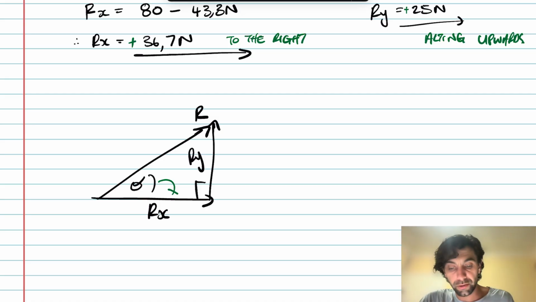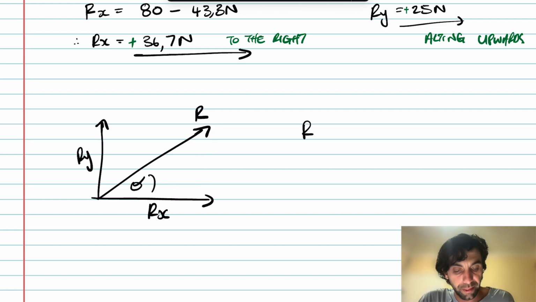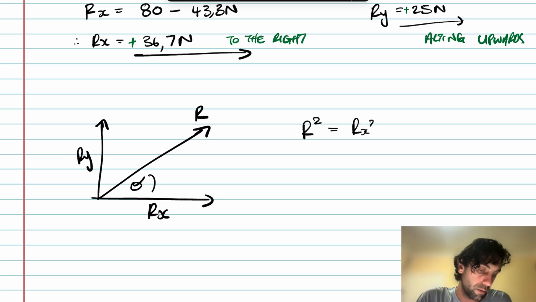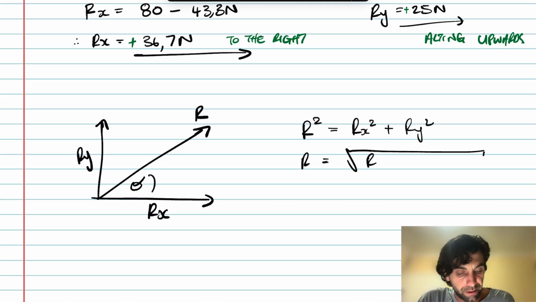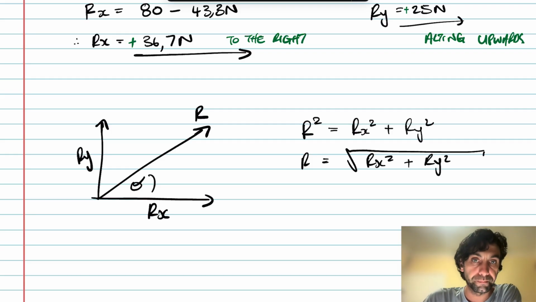But what we're going to do now to solve this problem is use Pythagoras, which is R squared is equal to Rx squared plus Ry squared. I'm going to square root both sides, and what we end up with is our theorem that looks like that.